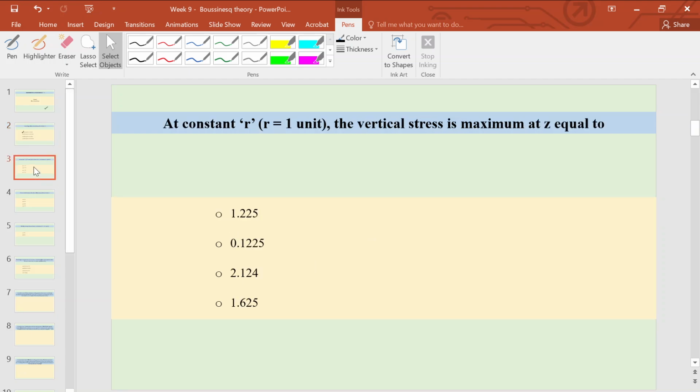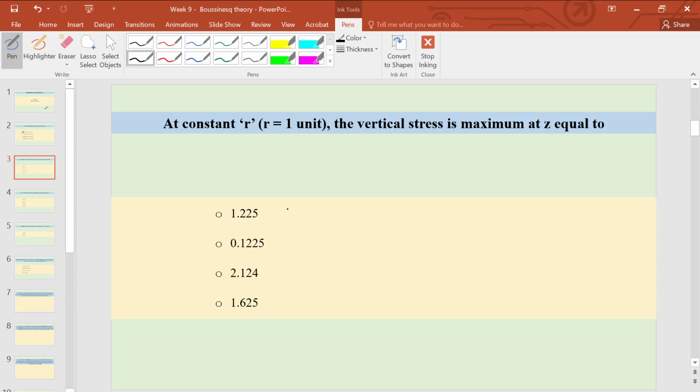At constant r equal to 1 unit, the vertical stress is maximum at z equal to. What is the answer? What is the value of z?